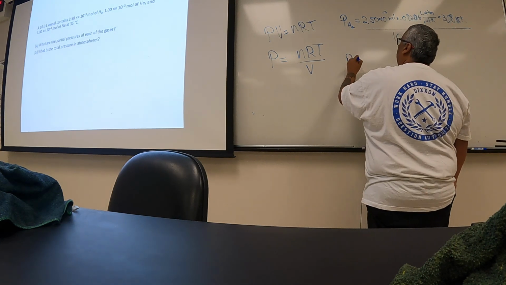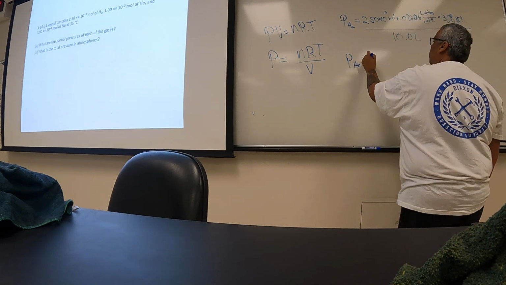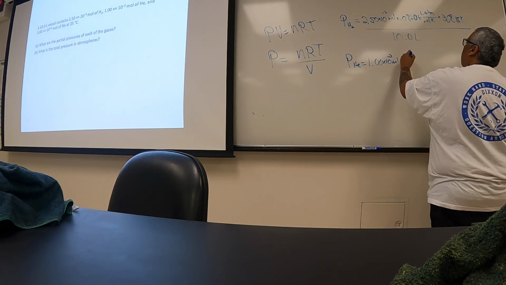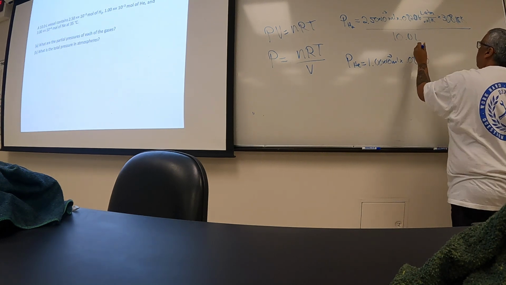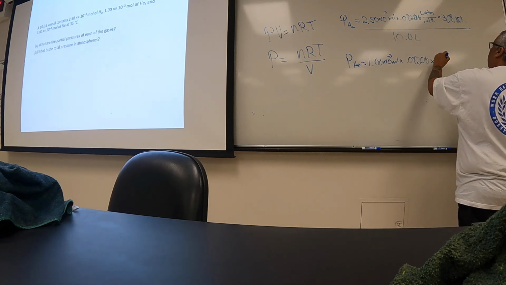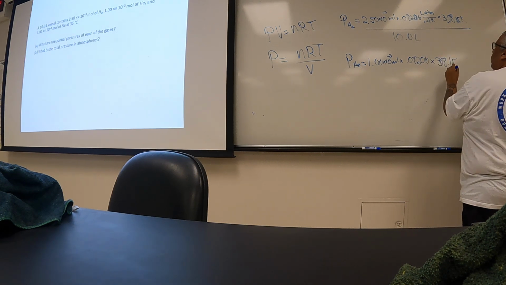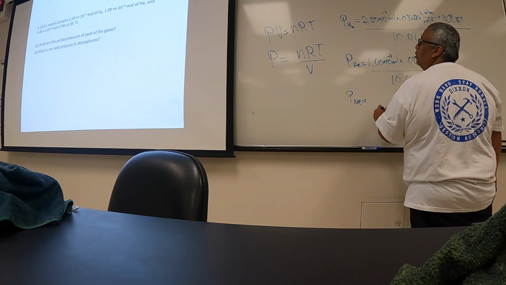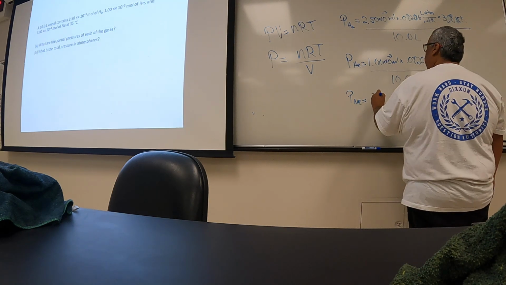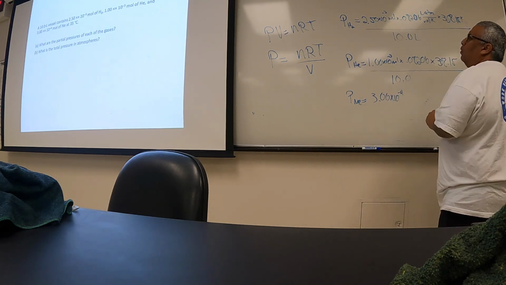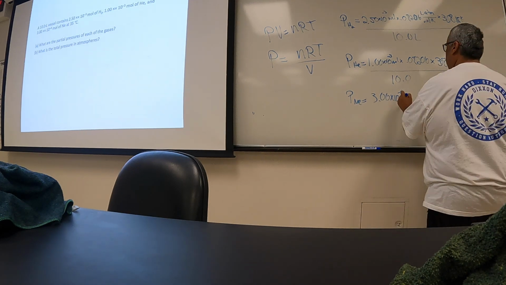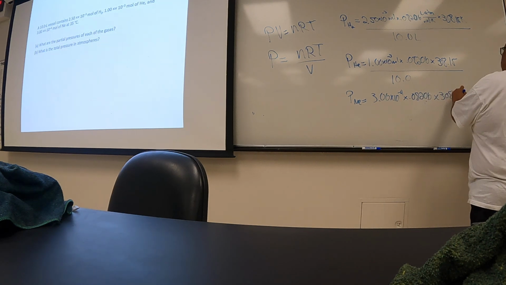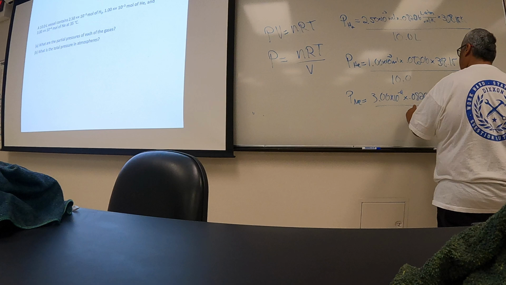So the pressure of helium is going to be 1.0 times 10 to the minus 3 moles times 0.08206 times 308.15 over 10.0, and the pressure of neon is equal to 3.00 times 10 to the minus 4 times 0.08206 times 308.15 all over 10.0 liters.